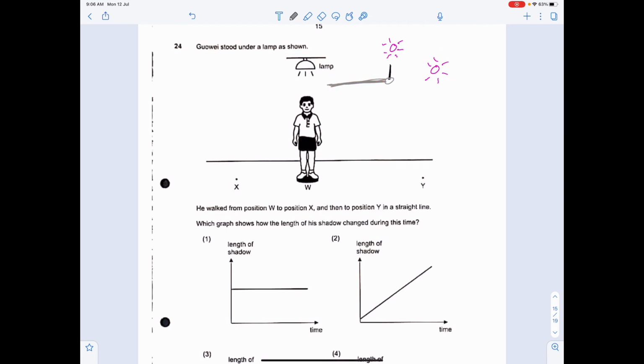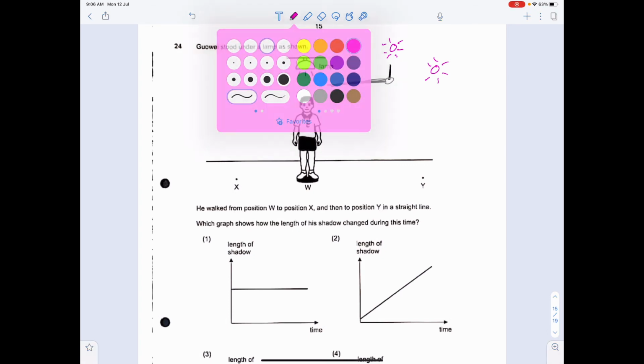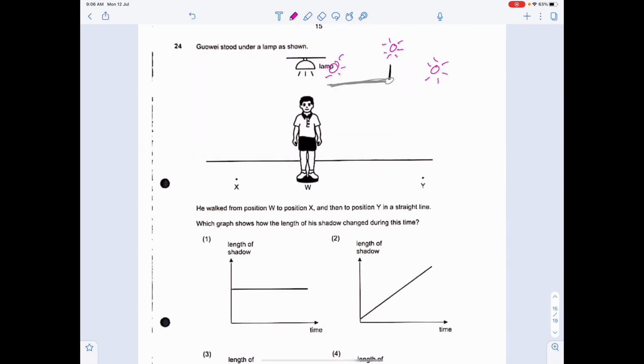Similarly, when your sun is setting over here, the shadow cast will also be longest, but this time round on the opposite side. So as the sun moves from one side to the other, the length of the shadow will also change. The lower your sun is, the longer your shadow would be. As your sun grows slightly higher up, your shadow will be slightly shorter. I hope you all remember this.